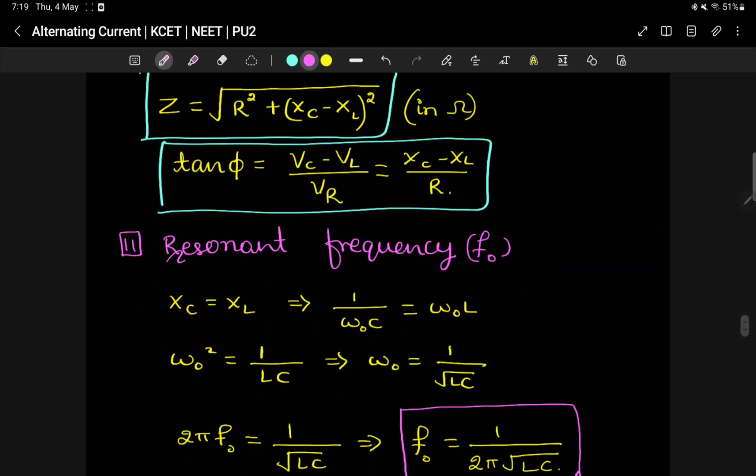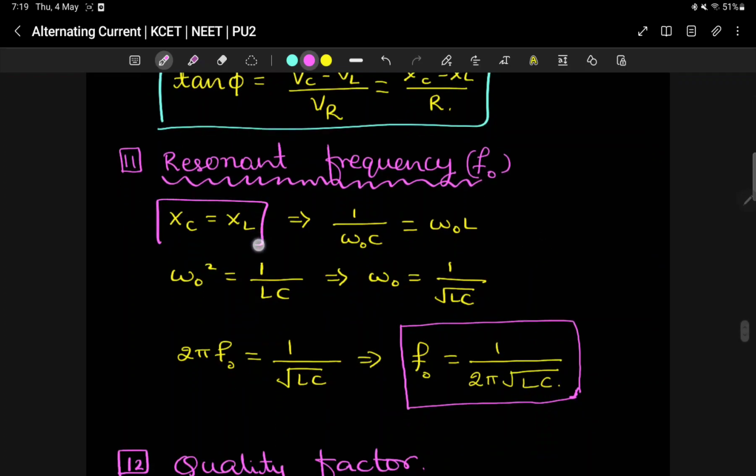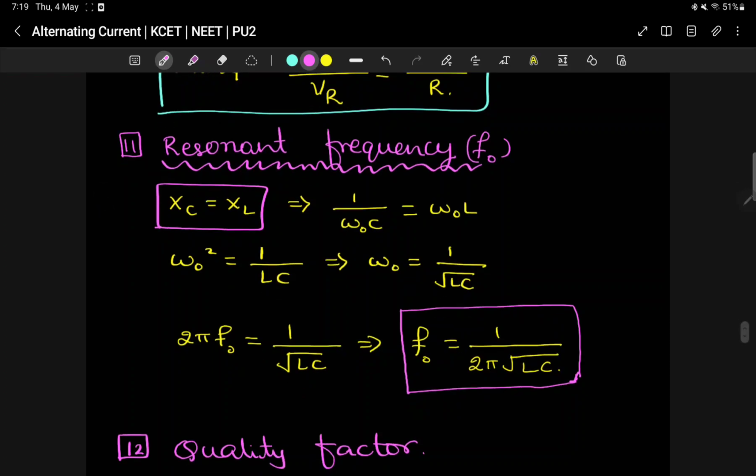Then we have the resonance frequency, a very important one. At resonance frequency, XC is equal to XL. Capacitive reactance is equal to inductive reactance.